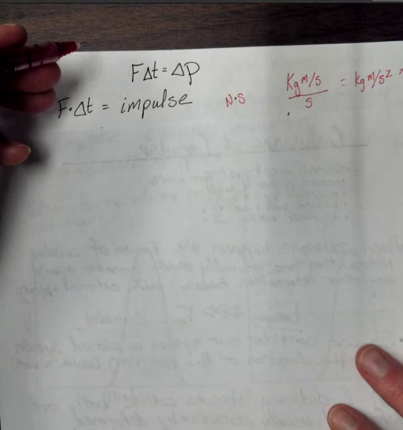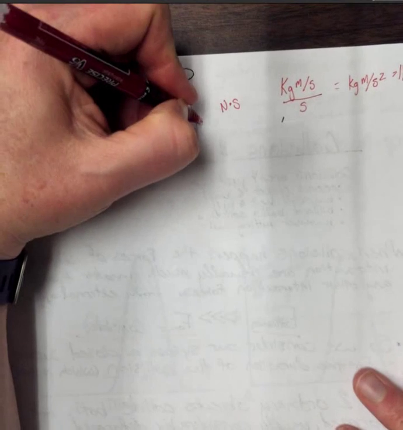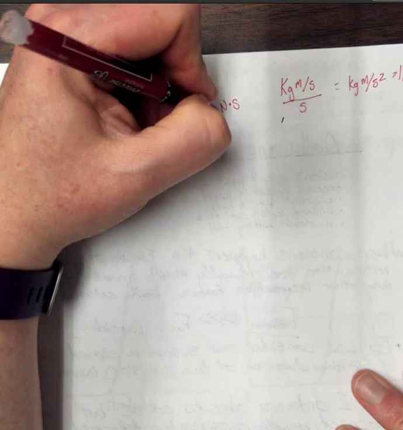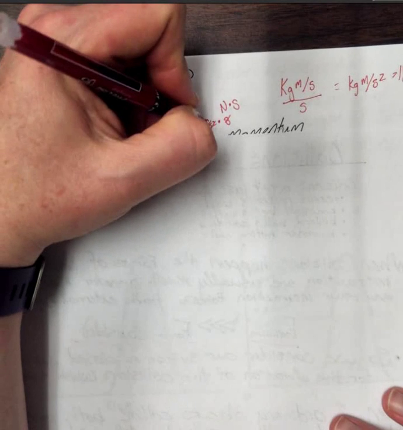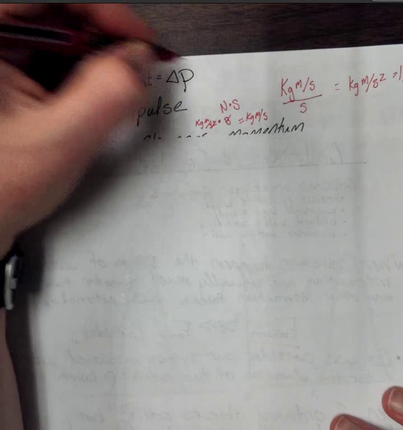So that means that if I multiply kilograms times meters per second squared, which is force, times a time interval in seconds, then you end up getting, hey look, kilogram meters per second again, or a Newton times a second.